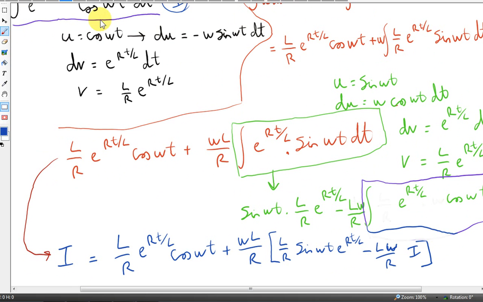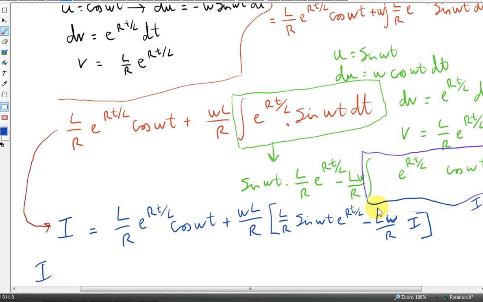So now I, our original problem, is given by this here. I've just copied this down here, and we have omega L over R times this. Well, this is what we have down here. So I've written L over R times sine omega t times the exponential term. Then we have minus L omega over R times this here, which is I, of course. So we have to solve this for I, so we need to combine the I terms.